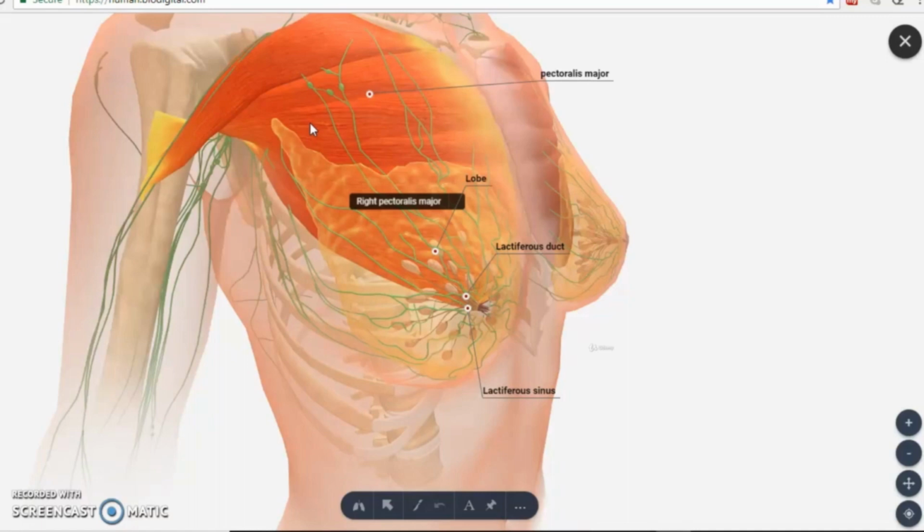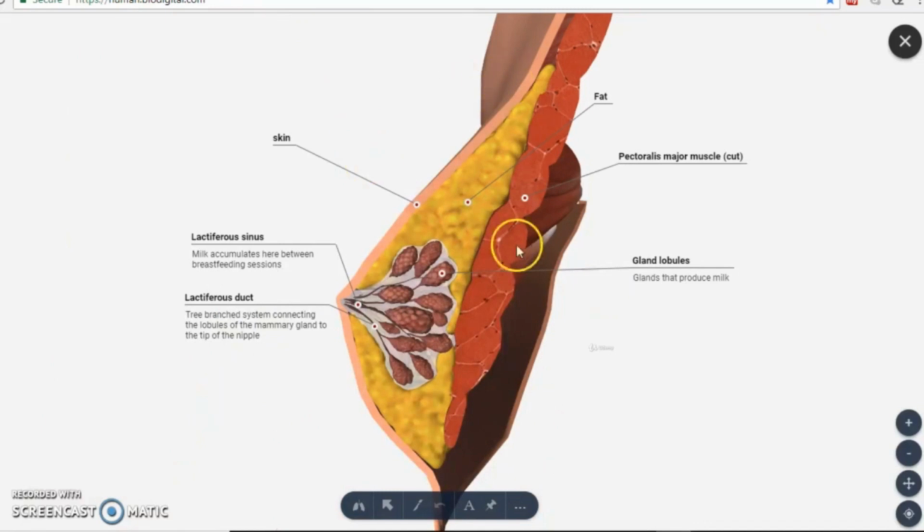Then we will see some other features, such as the cross section of the mammary gland. In the cross section, as you are seeing here, there is fat present all over the mammary gland. Taking it layer by layer, the outer layer is the skin. Below that is the superficial fascia, which contains the modified sweat gland we are learning now, that is the mammary gland.